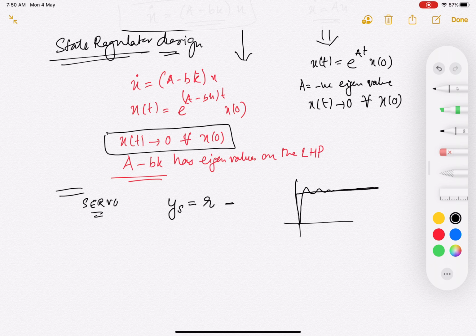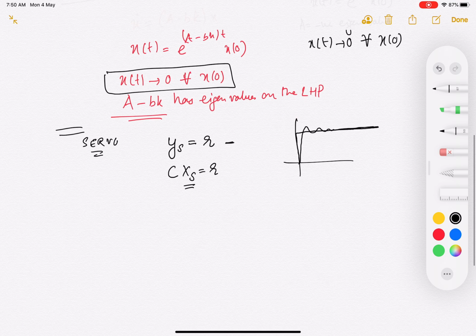So the servo problem is that your steady state output is equal to some reference input R, which basically means, because your y is equal to cx, it means that your states at the steady state are equal to the reference input R.